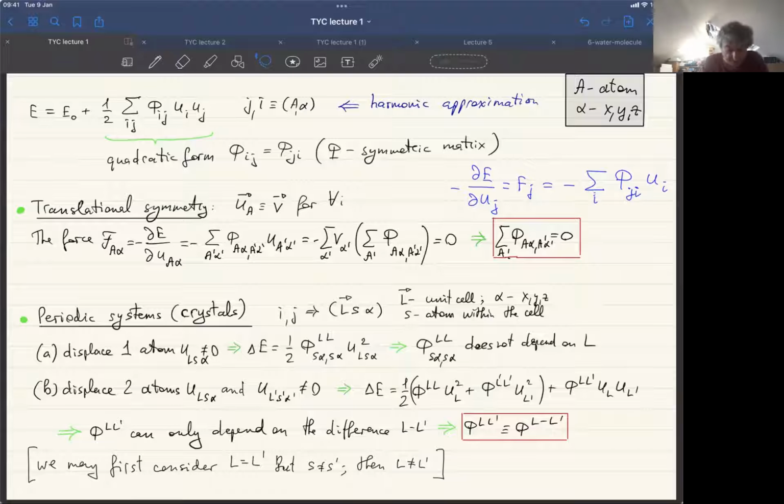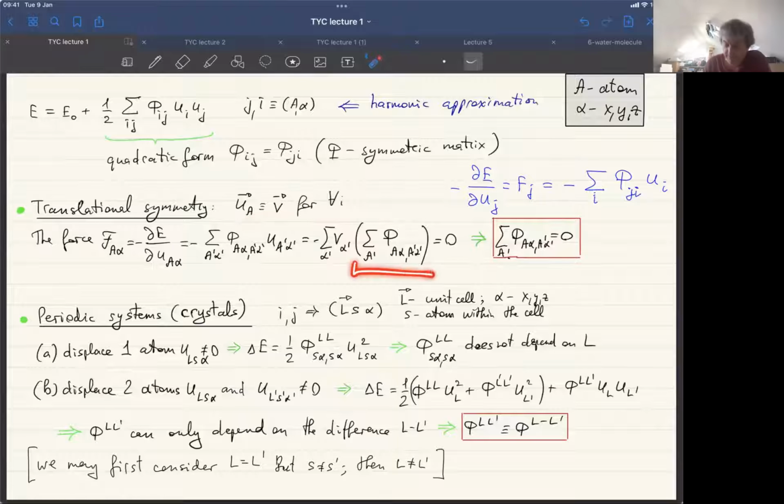So the force acting on the atom A, capital A, direction alpha, is given by this single sum. And now if we remember what our assumption was, all displacements are the same, so we can take them out. Let's call them V. They form vector V. We take them out.